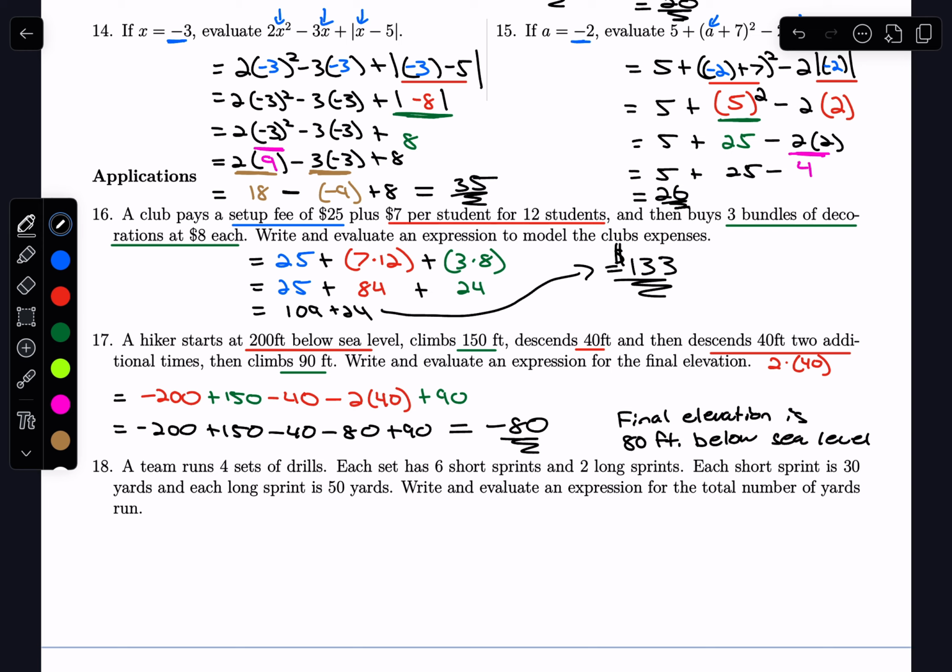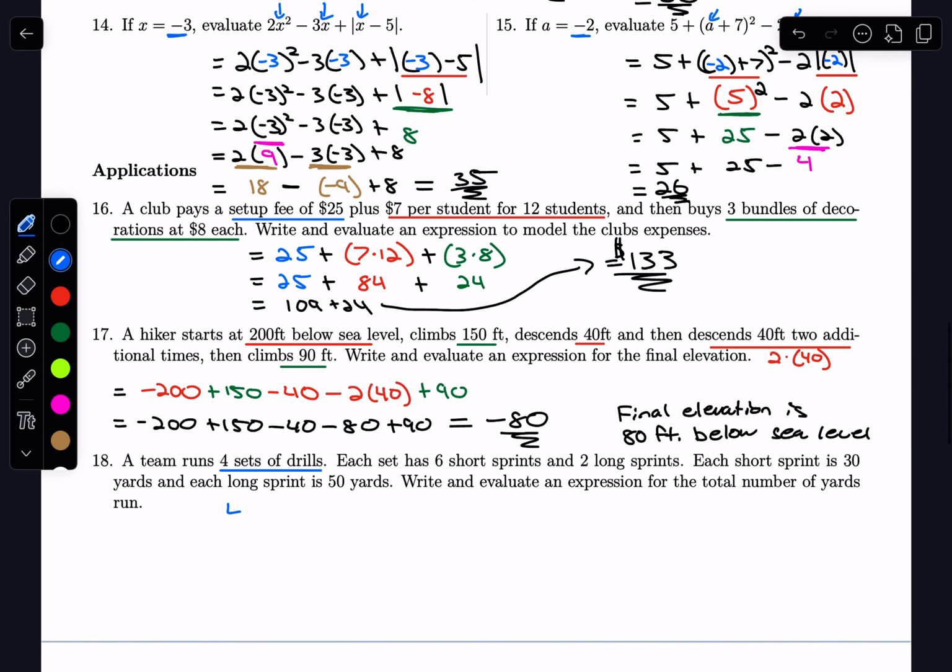So we have 4 sets of sprints being run. So because we have 4 sets of drills, I'm going to multiply 4 times however big one drill is. So I'm going to put in parentheses here. And what's going to go in those parentheses is the drills that we do. So it's 4 times however big one drill is.